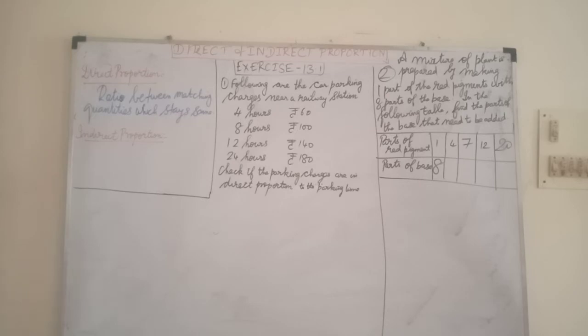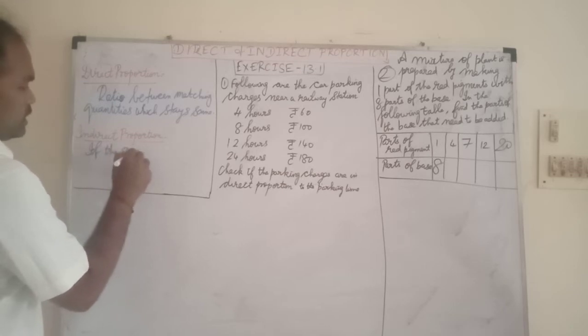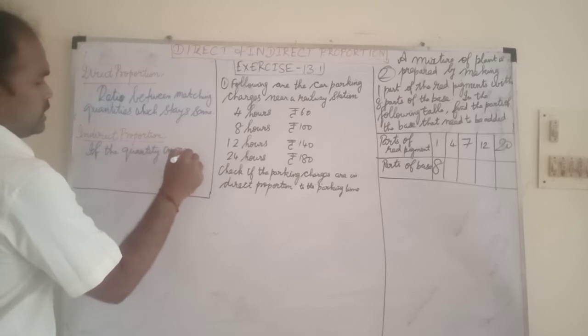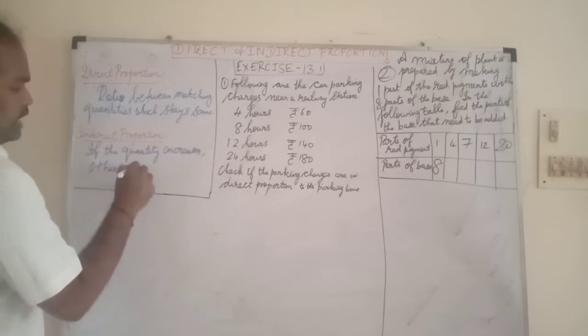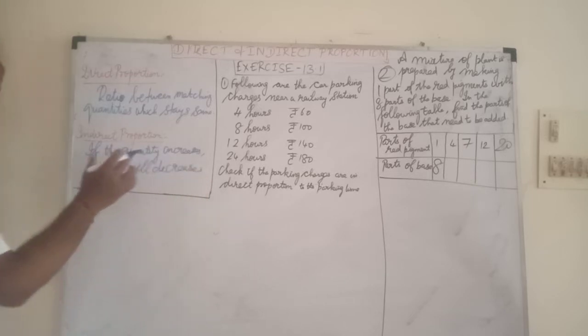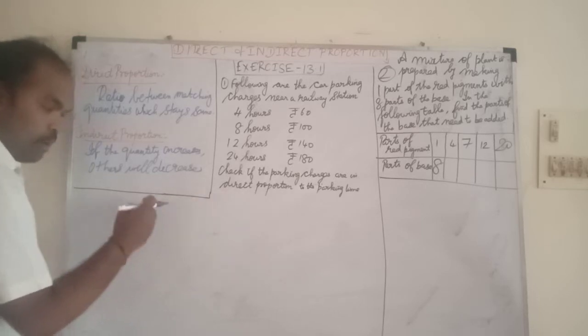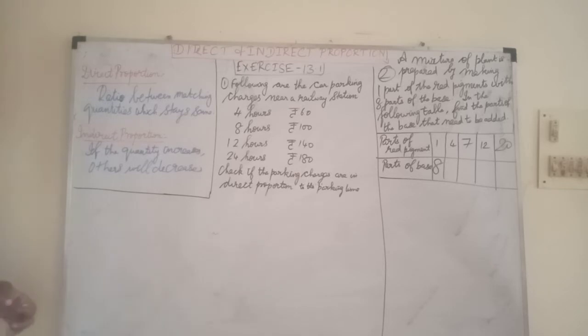Indirect proportion means if one quantity increases, the other will decrease. For example, the quantity is increasing, but for the same thing the product will be decreased.